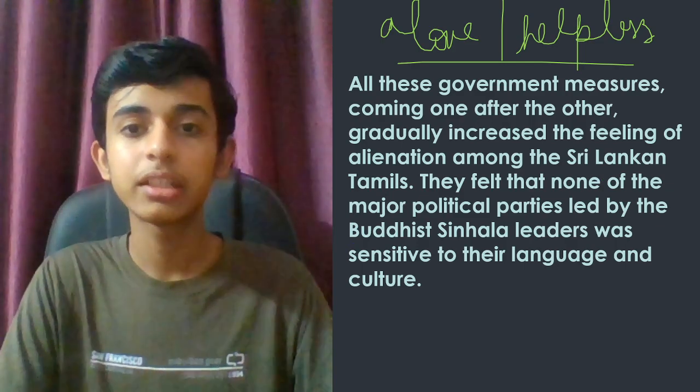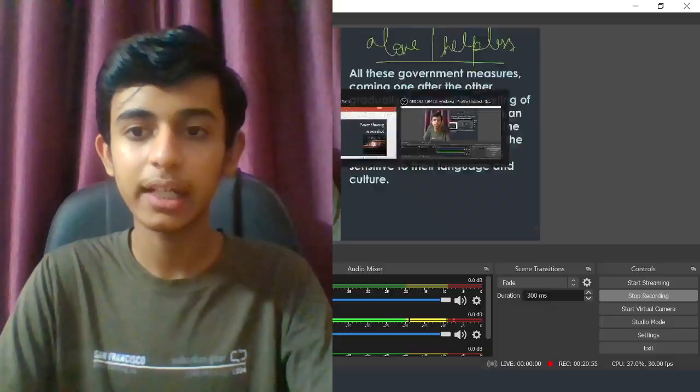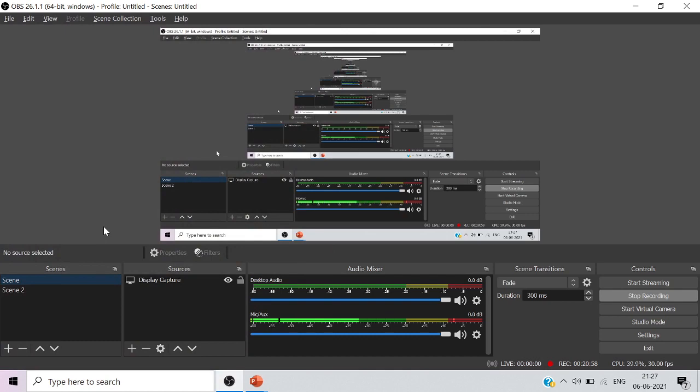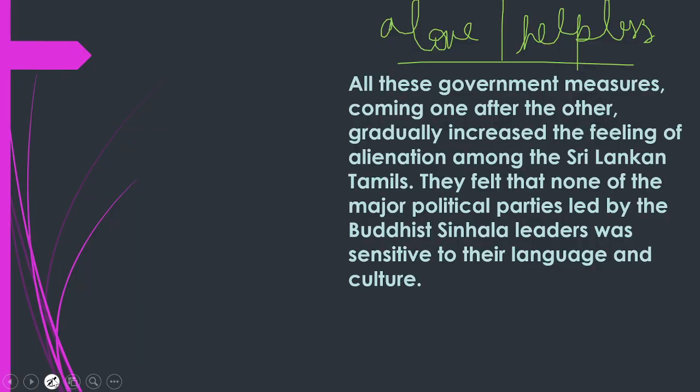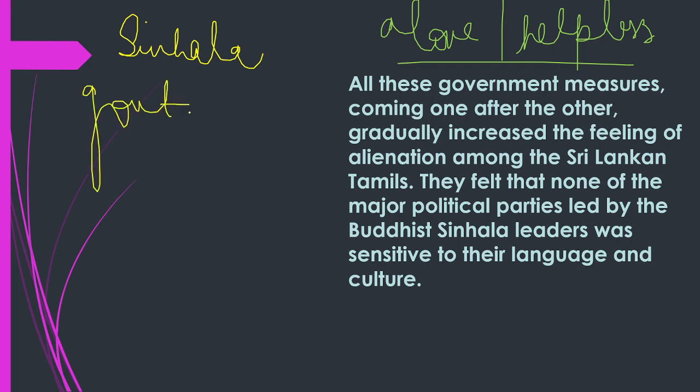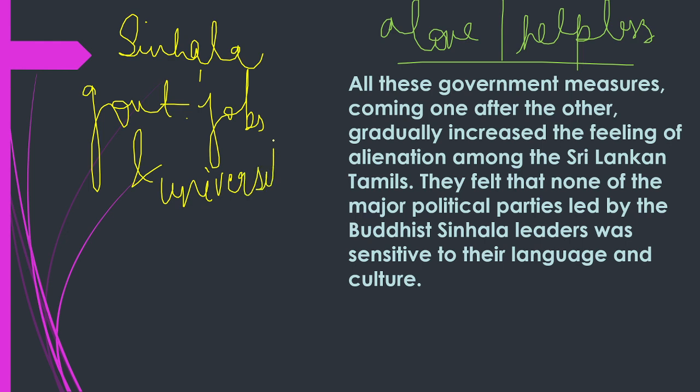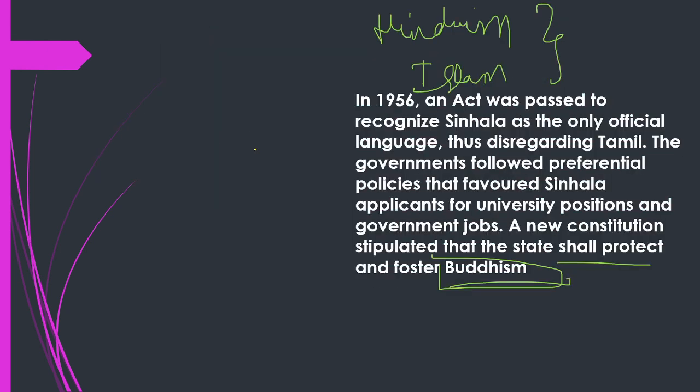First thing, let me explain to you. I have to change my orientation for that. Now just understand what happened. First thing, they made Sinhala their official language. Only Sinhala. Then in government jobs and universities, Sinhalese people were favored. Then what happened?